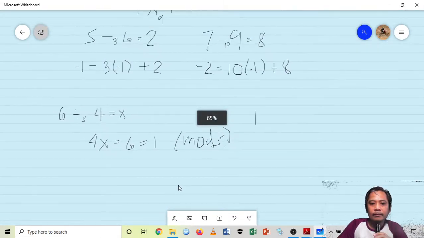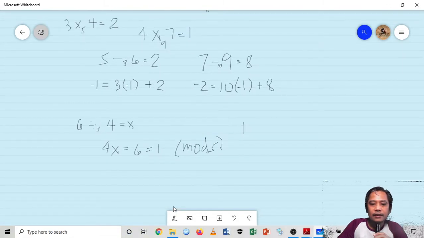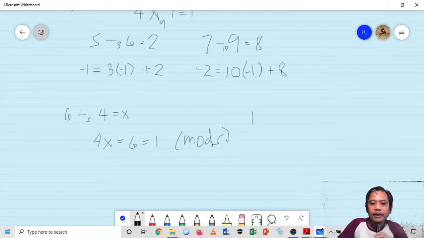Note that 1 in modulo 5 is congruent to 6 in modulo 5.